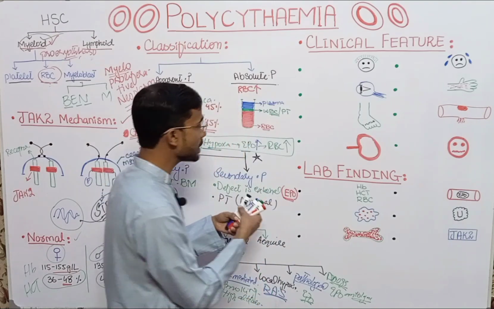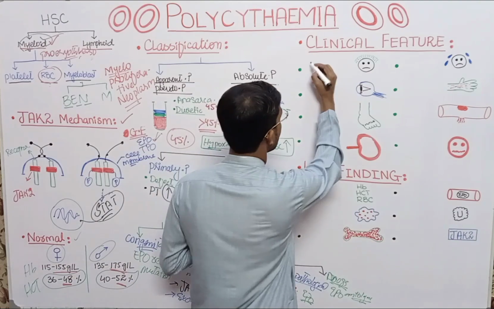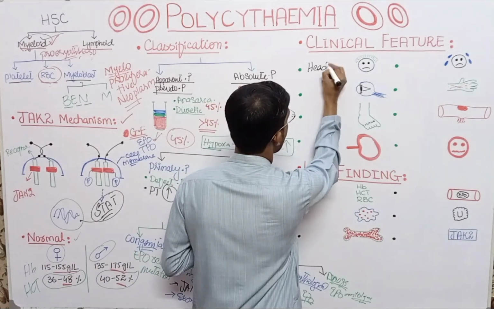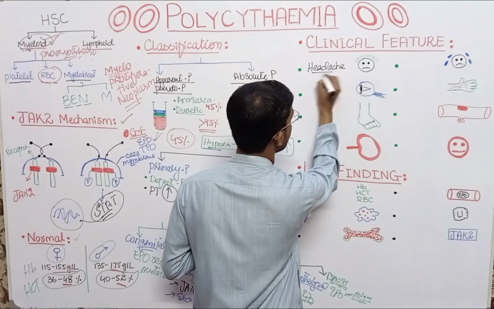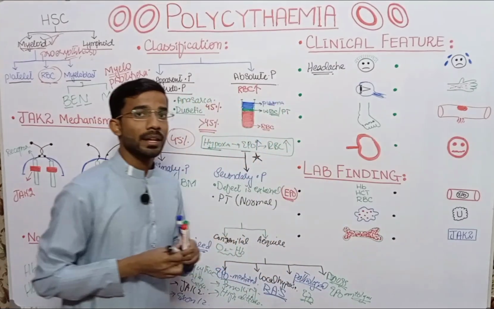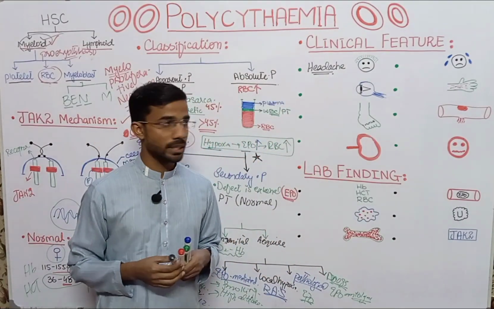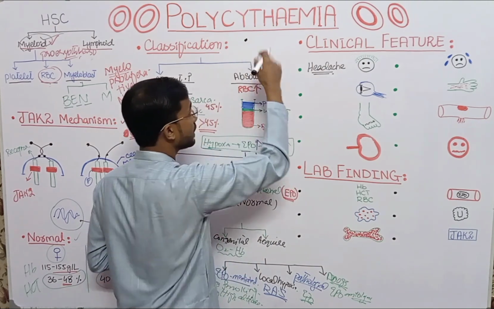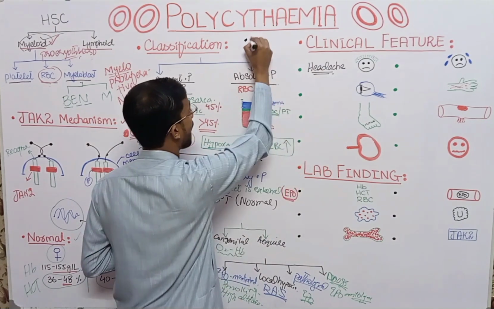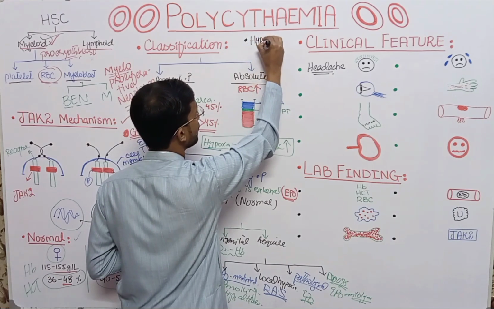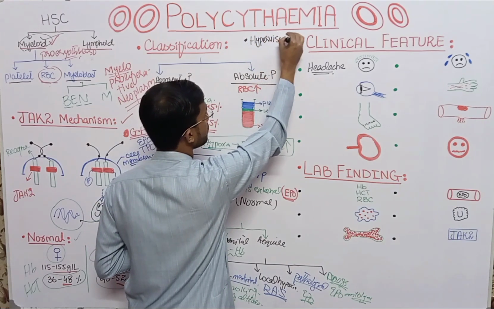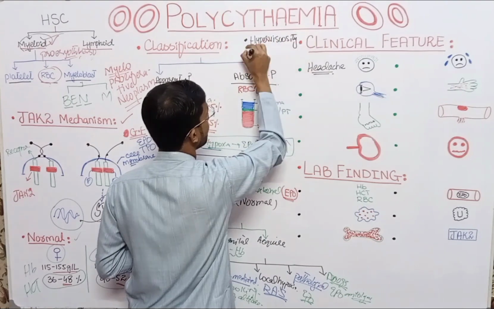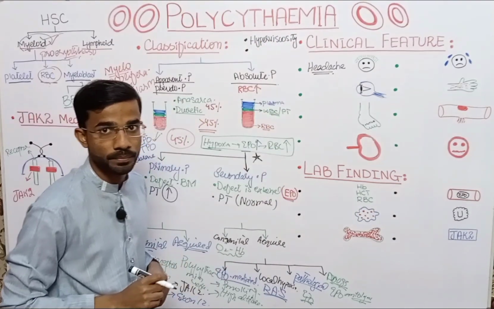So first of all, we will see the headache. Headache in polycythemia. Keep in mind, different things happen in polycythemia vera: due to the increase in RBCs, you will see hyperviscosity of the blood. This is condition one.